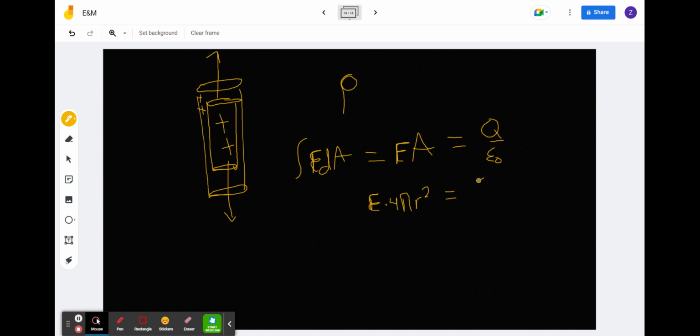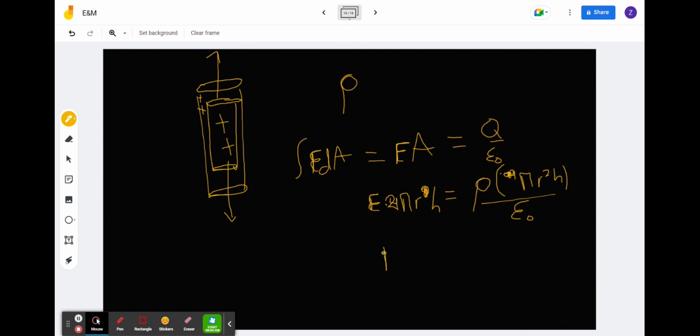Our charge enclosed, though, is going to be rho times the volume that we have enclosed. So what's the volume that we have enclosed? It's going to be 4/3. Sorry, it's been a long day. Pi r squared h. And sorry, this isn't 4 pi r squared. This is 2 pi r h, which is the surface area of our cylinder. So rho times pi r squared h divided by epsilon naught.